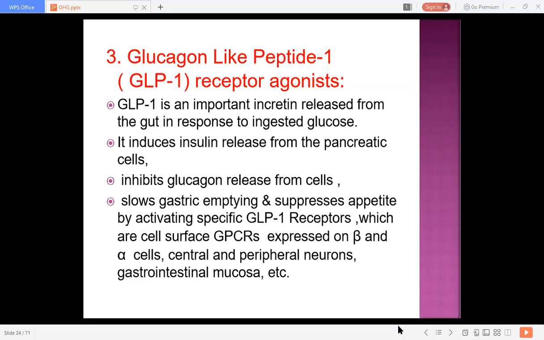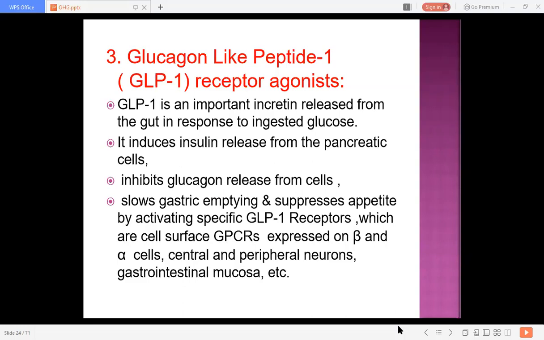This GLP-1 and GIP are incretins. GLP is glucagon-like peptide. GIP is gastric inhibitory polypeptide. These two are incretins. These are gut hormones secreted from enteroendocrine cells into the blood within minutes after eating food.